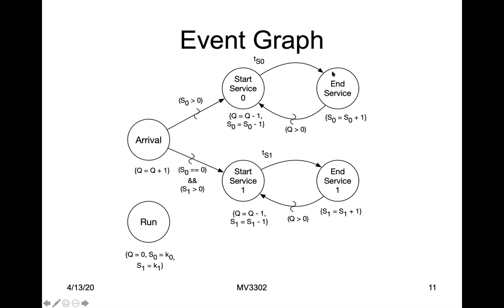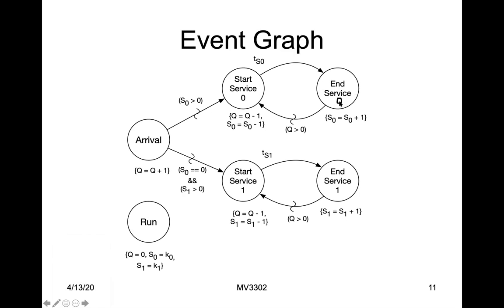So let's look at this from the back end first, because that's basically what we've done. If we start service on a 0, we will schedule an end service. I should call it end service 0. There's nothing wrong with leaving it without the 0, but this is just the way it should be. Okay, so a start service on server 0 will schedule an end service with a delay of the service time for that server.